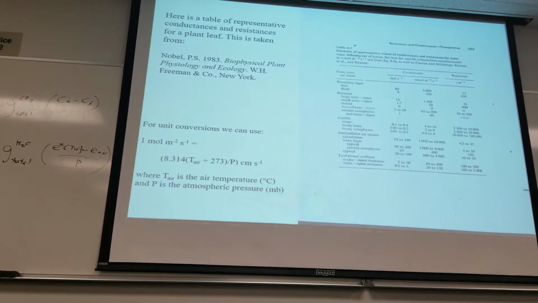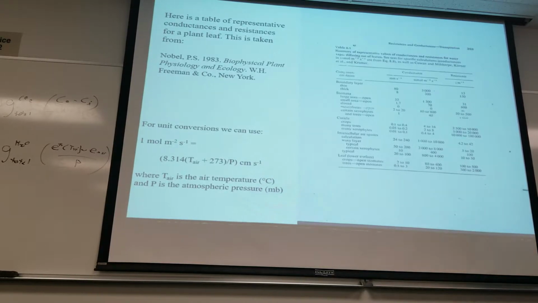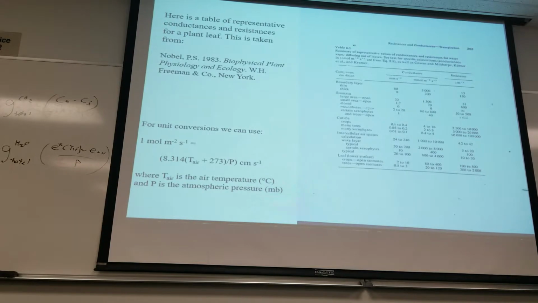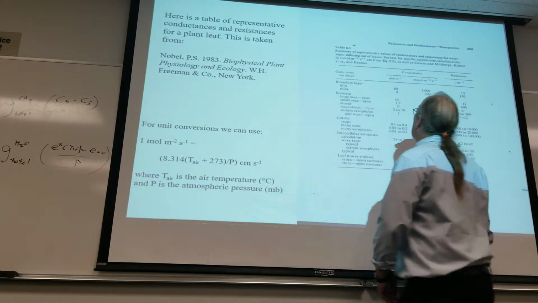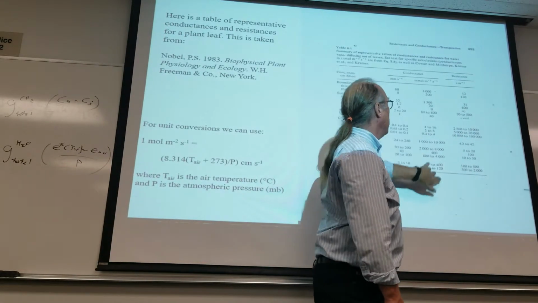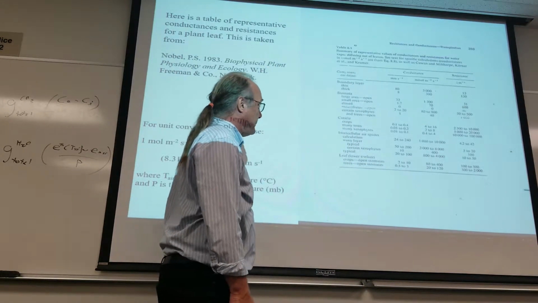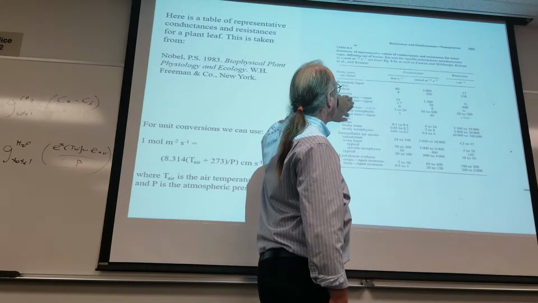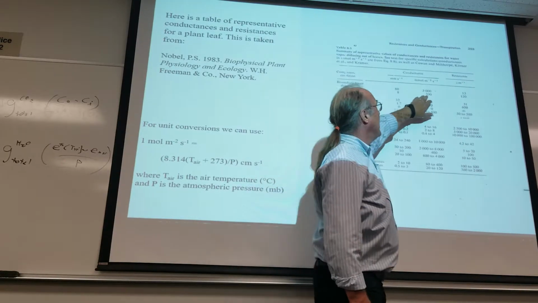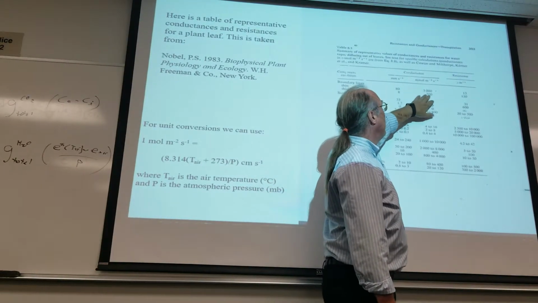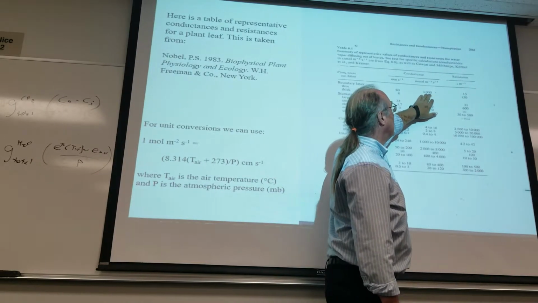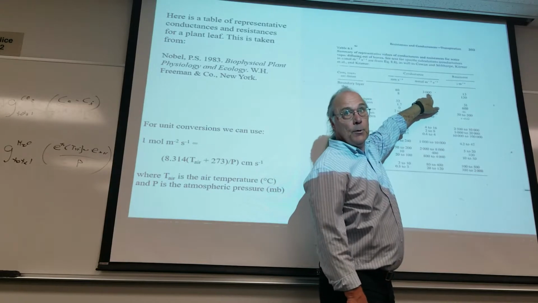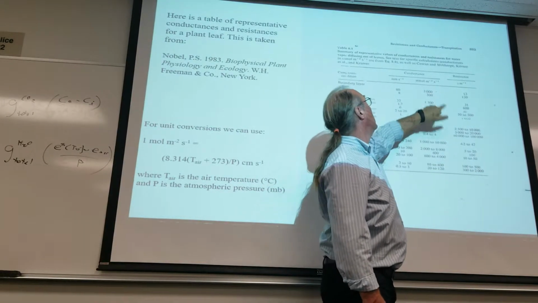All right, here's a table from Park Nobel's book about representative conductances and resistances for a plant leaf. Let's just take a look at this column in the middle, which has the molar units. For water vapor diffusing out of leaves, a thin boundary layer, with a high wind speed, may have a boundary layer conductance of 3,000 millimoles per square meter per second, or 3 moles per square meter per second.